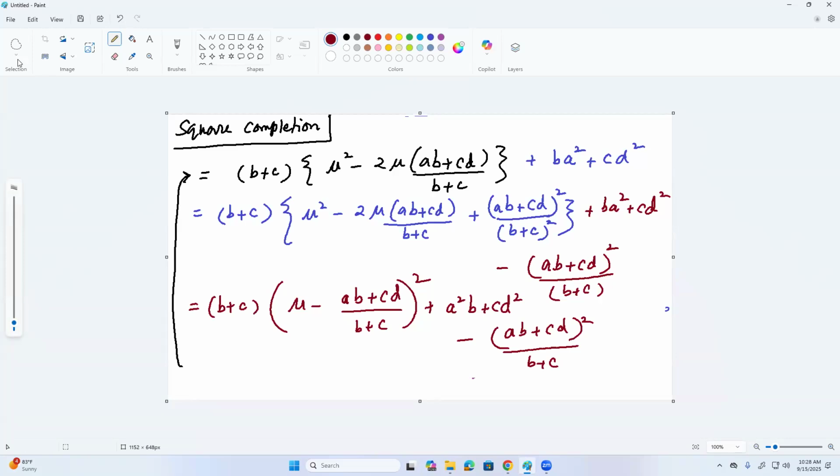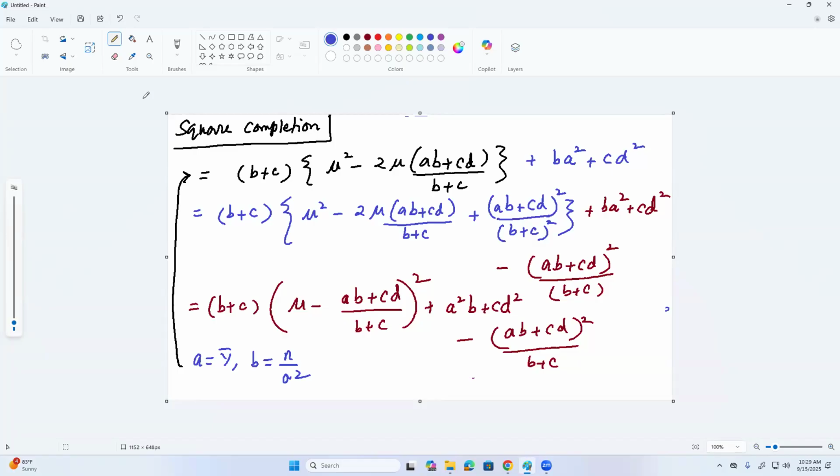Now, for our example, what were a and b? For our problem, a was y bar and b was n over sigma squared, right? Without the 2 in the denominator, 2 must be there everywhere. So n over sigma squared.